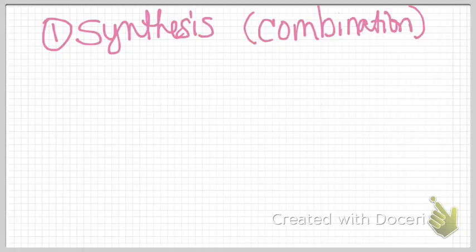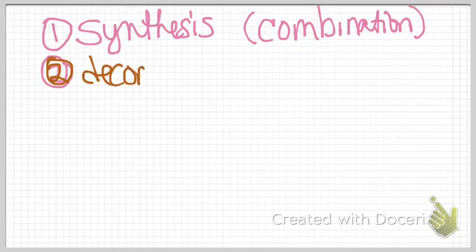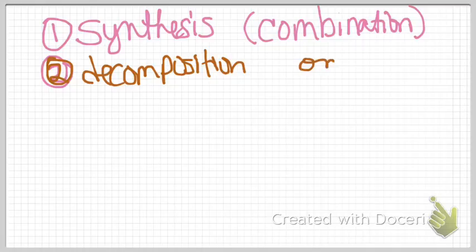I will also put this on Blackboard for you. The second kind is decomposition. These are opposites of each other. Synthesis is bringing together and you get one product. Decomposition is only one reactant. That's how you know it.